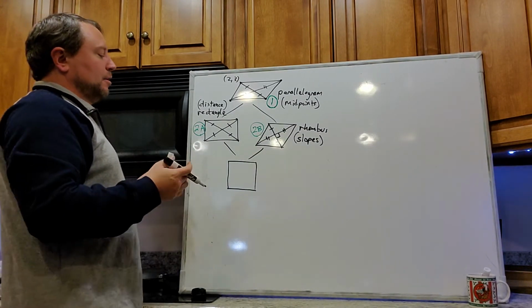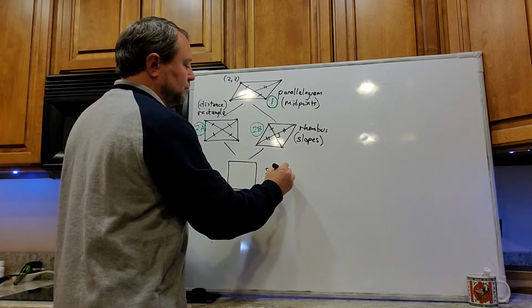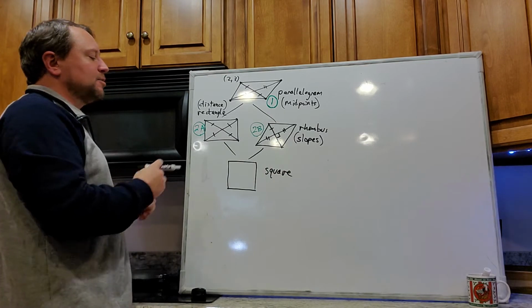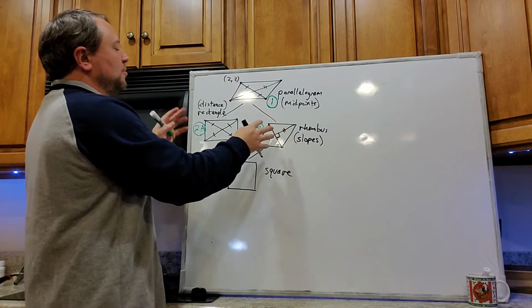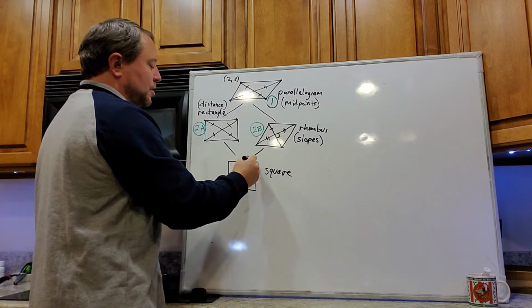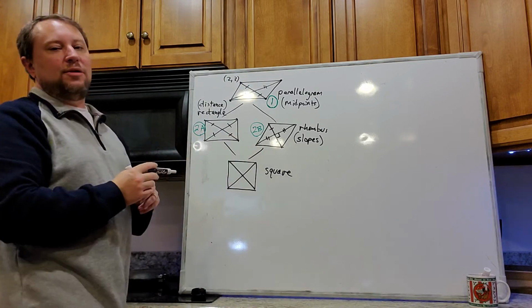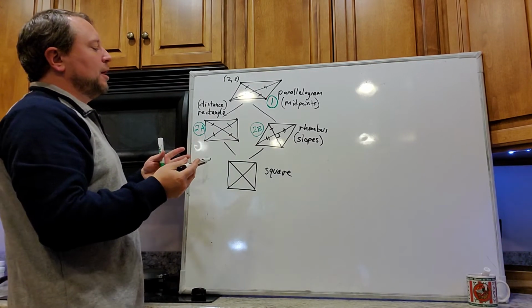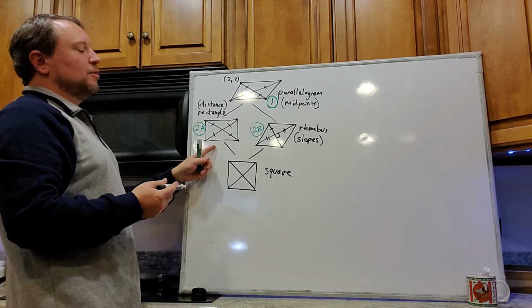Now, our last shape, the square. Keep in mind, the square qualifies as all of these shapes. It's a rhombus, it's a rectangle, it's a parallelogram. So its diagonals should do everything that these do. For example, the diagonals bisect each other, but in addition, they're also congruent.